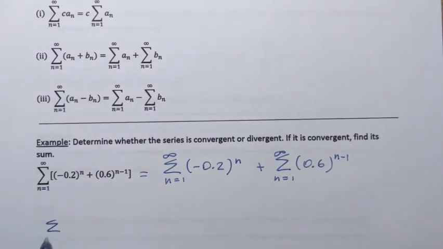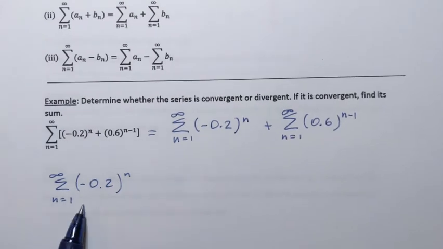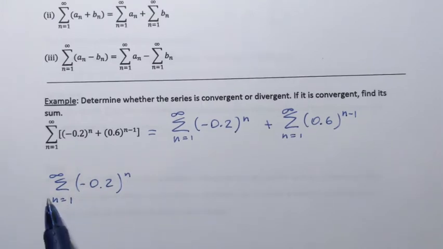So the first one is the series of negative 0.2 to the power n. What kind of series is that? Well, that is a geometric series, right? We have a constant raised to a power involving n. Let's put this geometric series in standard form. Since n starts at 1, we want to have power n minus 1.